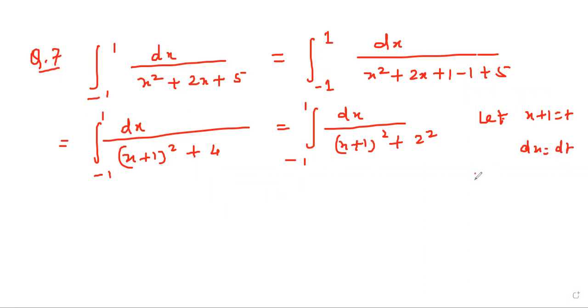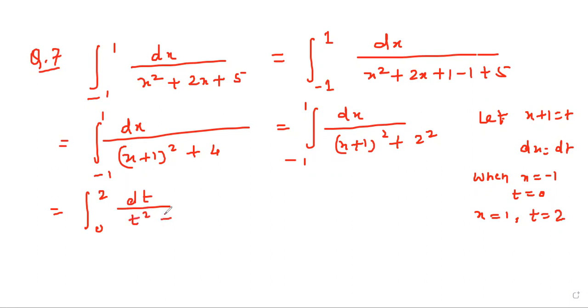Let's change the limits. When x equal to minus 1, t will be 0. When x equal to 1, t will be 2. So our question will become 0 to 2 dt upon t square plus 2 square.